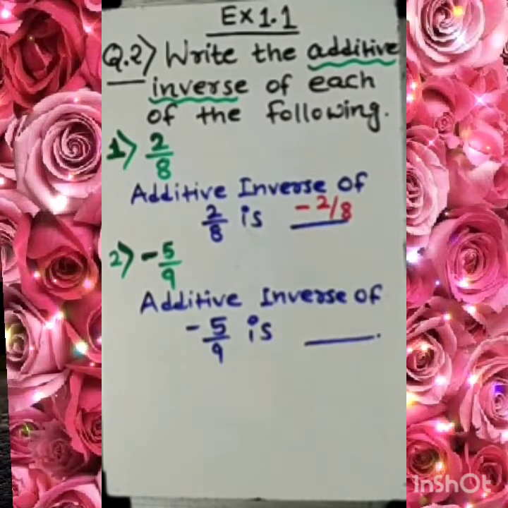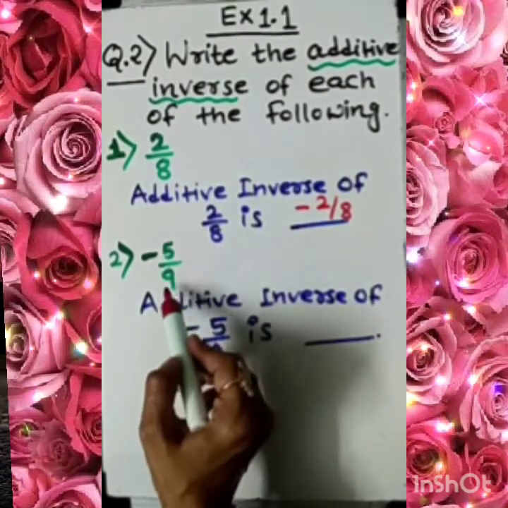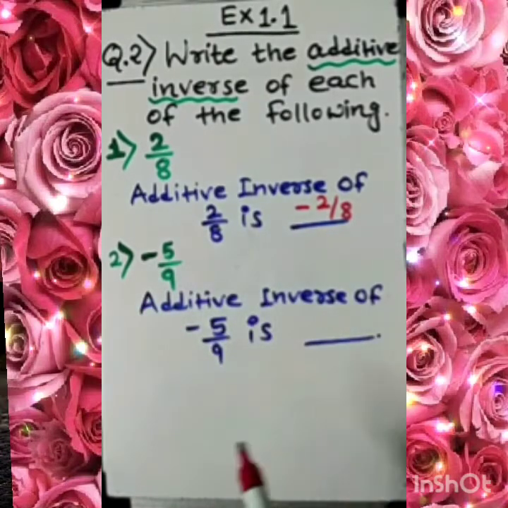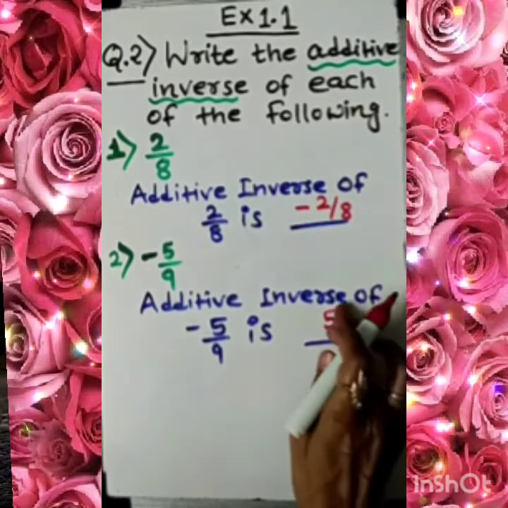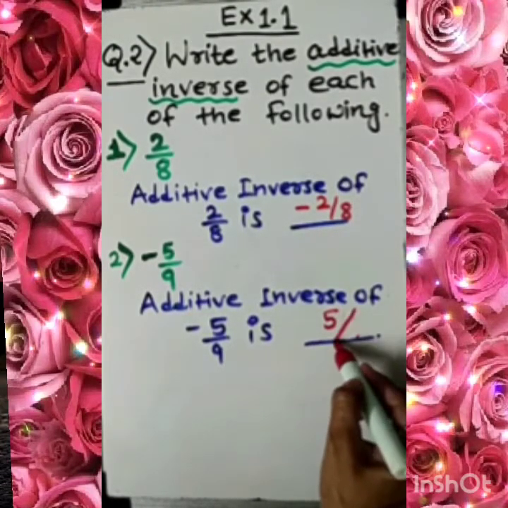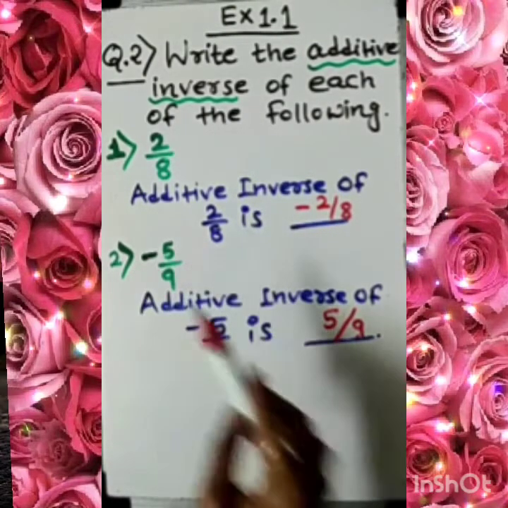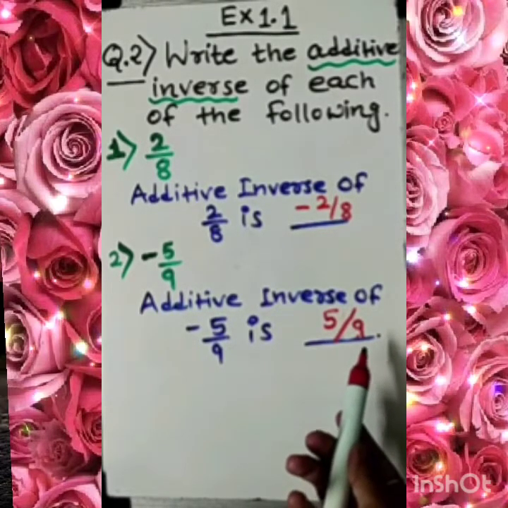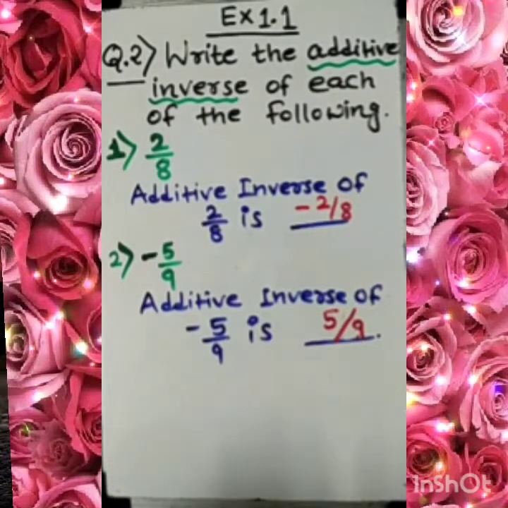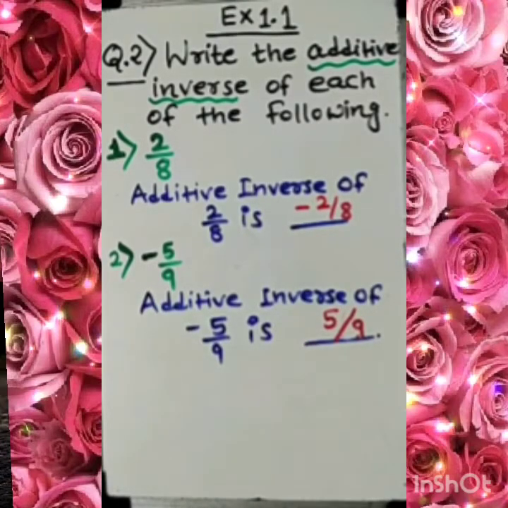Now you can see, dear student, the given rational number is negative, so its additive inverse will be positive. So we need to write here 5 by 9. You can write the oblique sign this way and then 9, either way; this is also a way of writing the fractional number. Clear to you? The additive inverse of a negative number is positive, but we should not mention plus here.